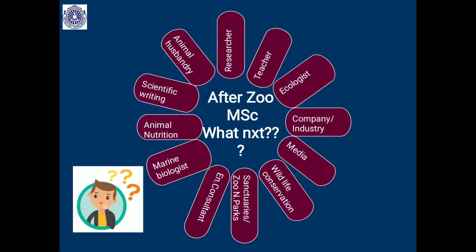You can become a teacher, an ecologist, you can take up a job in a company, or become a media person, or take up a job in wildlife conservation. You can have a lot of opportunities in wildlife sanctuaries, zoos, national parks. You can be an environmental consultant, marine biologist, animal nutrition, scientific writing, animal husbandry, whatnot.